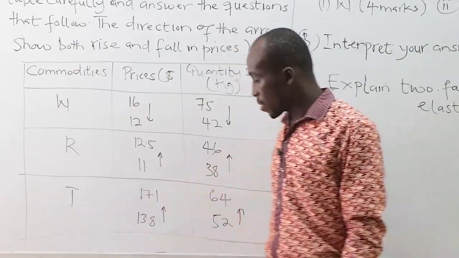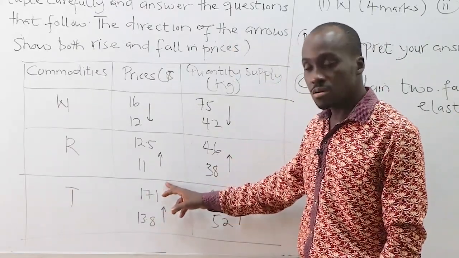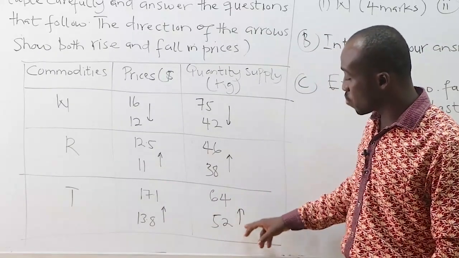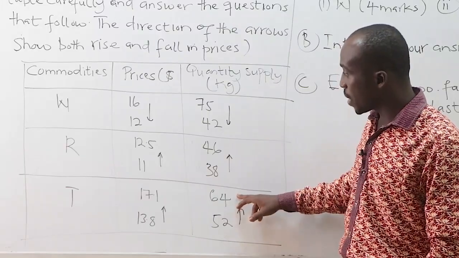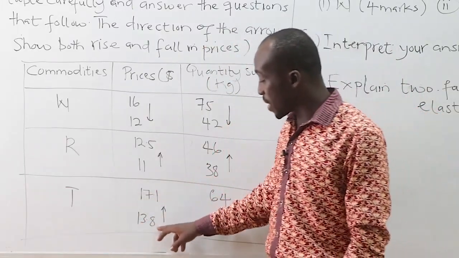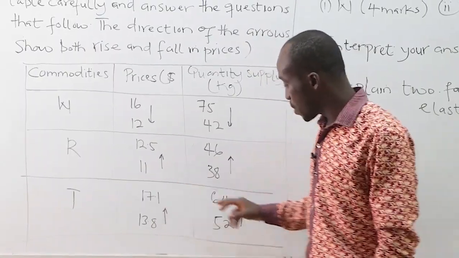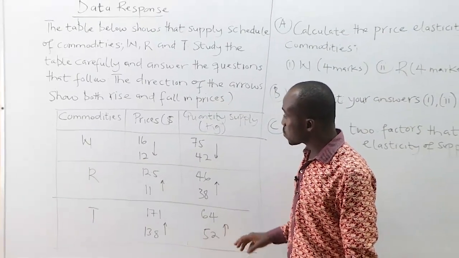T, price increased from 13.8 to 17.1, while the supply increased from 52 to 64. So you have this information.